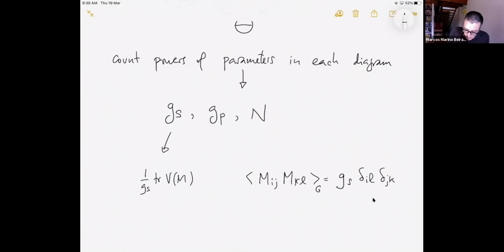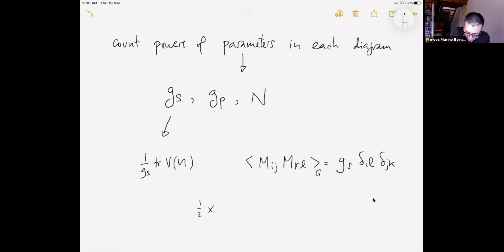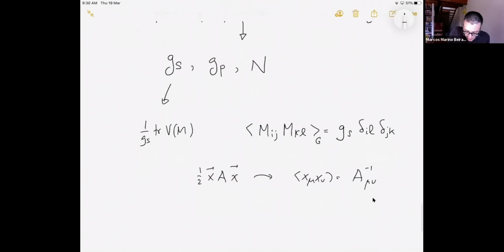This is because there is this general fact that if you have a Gaussian interaction like this, then the two-point function involves the inverse of the matrix. So this is something that we proved last time. Here the matrix A contains 1 over GS, and when you invert it, you have a positive power of GS.